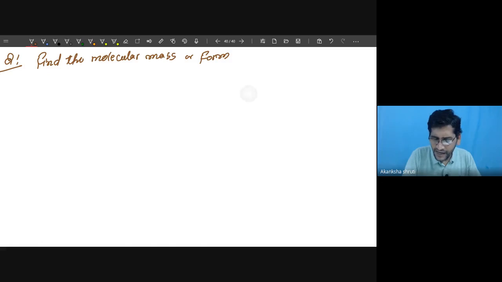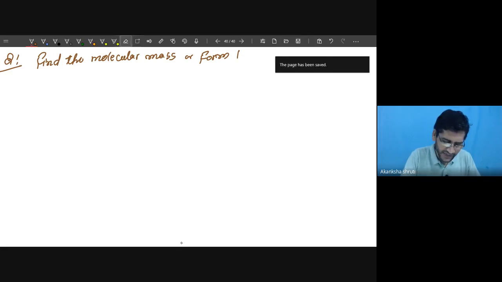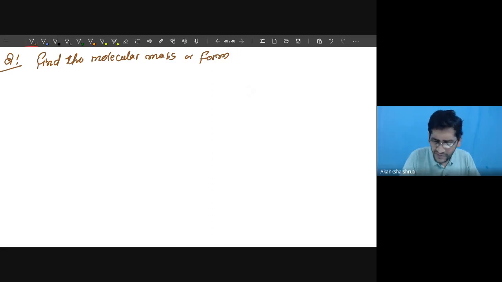It means the formula unit; the molecule in ionic form is called a formula unit. So here it is also written as formula mass for the following.